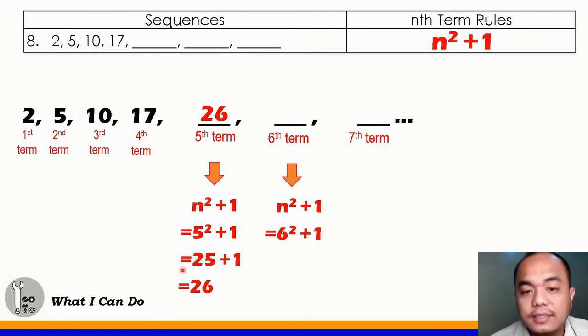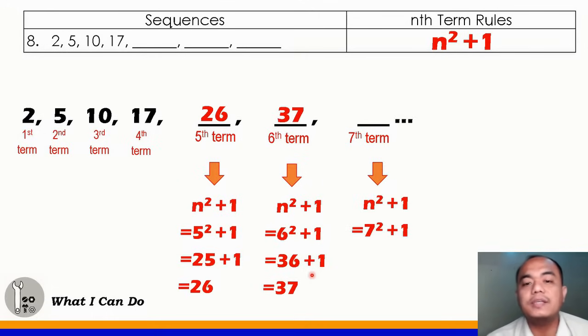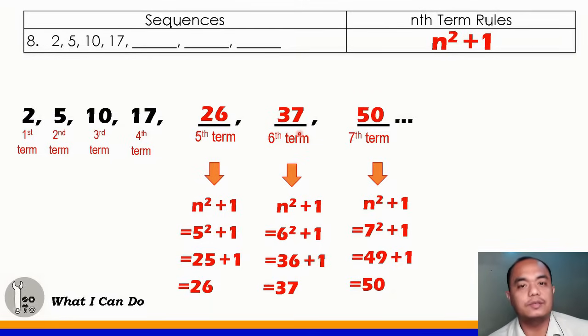And then we have 6. Replace n with 6. And then we have 36. 36 plus 1 equals 37. And then we have the 7th term. N squared plus 1. 7 squared plus 1. And then we have 7 times 7 equals 49. And then we have 49 plus 1 equals 50. So here you go.